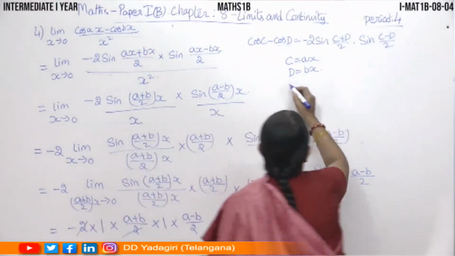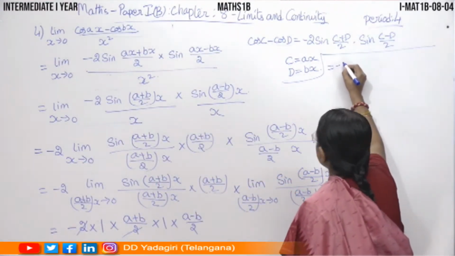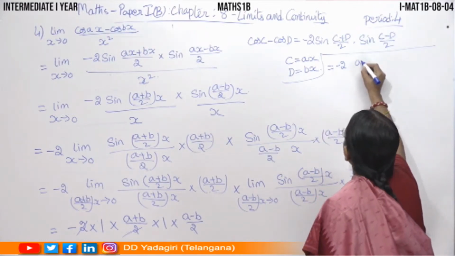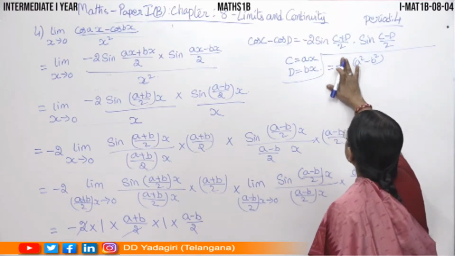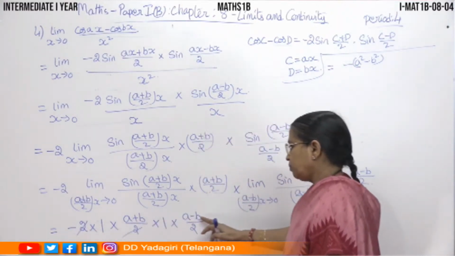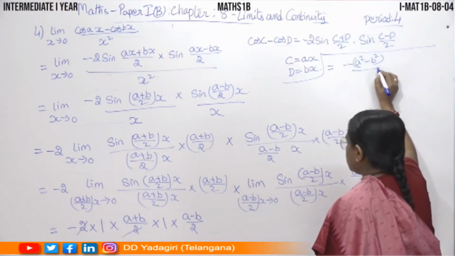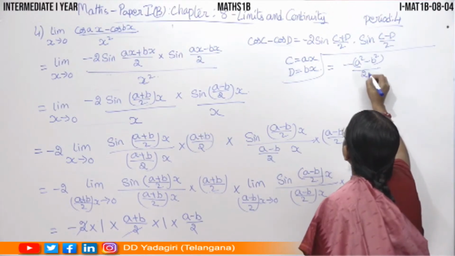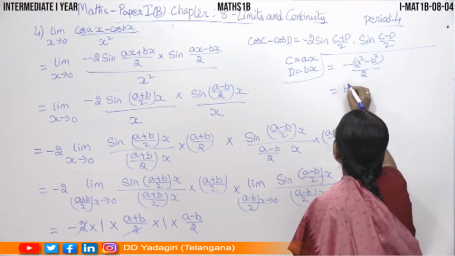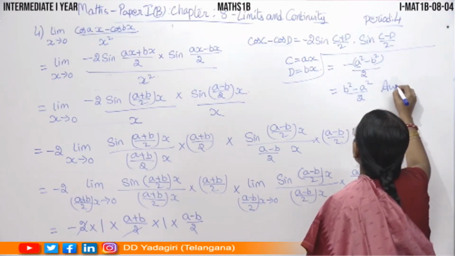It is equal to minus 2 into (a square minus b square) by 2, the 2 got cancelled, so it is only minus. (a plus b) into (a minus b) is a square minus b square. So minus 1 into (a square minus b square) by 2. This I can write as (b square minus a square) by 2. So this is your answer.